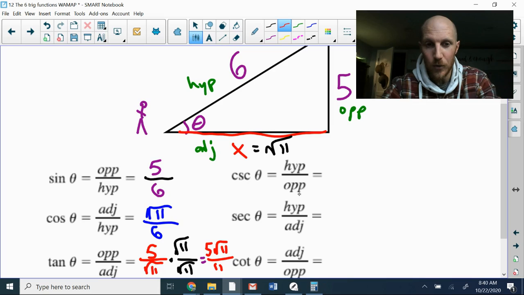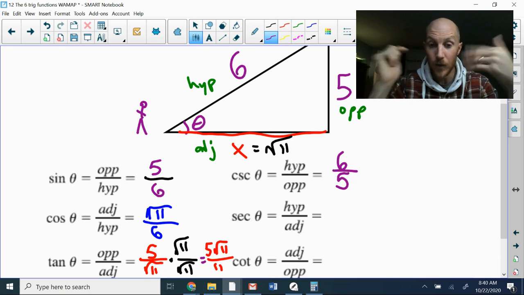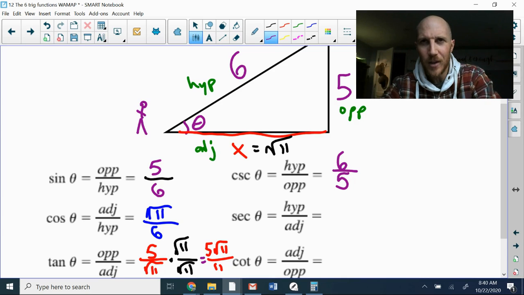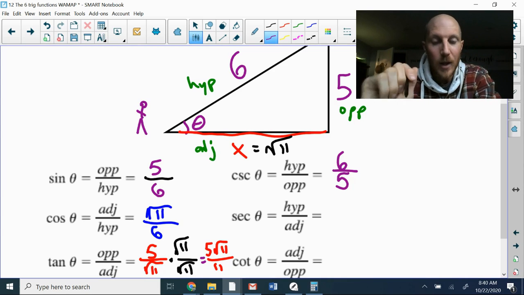Cosecant is the hypotenuse over the opposite. The hypotenuse is 6, and the opposite side I have labeled, that's 5. Secant is the hypotenuse over the adjacent. Conveniently, I've got all of the ratio definitions labeled on this page, but if you don't have them memorized yet, then you want to keep your notebook handy so you can look back and refer to what ratio you need, what side lengths you need to put into that ratio.